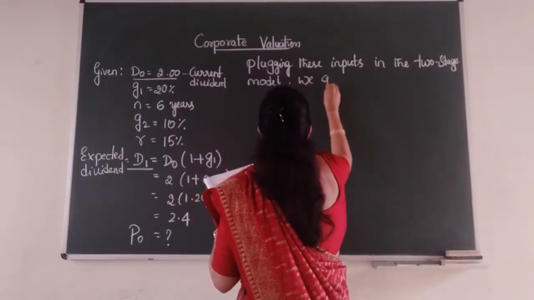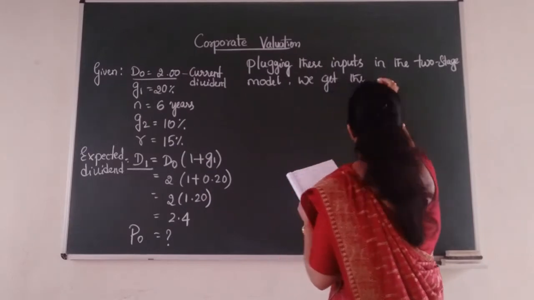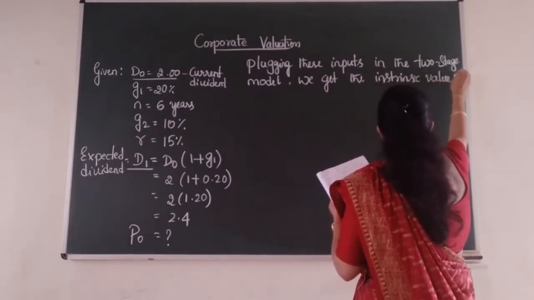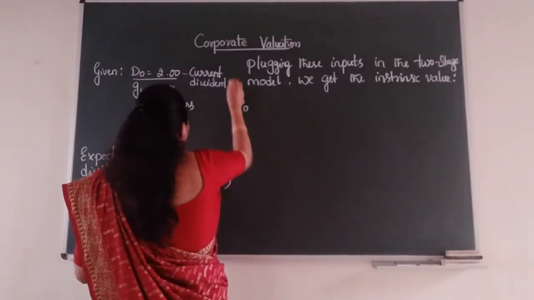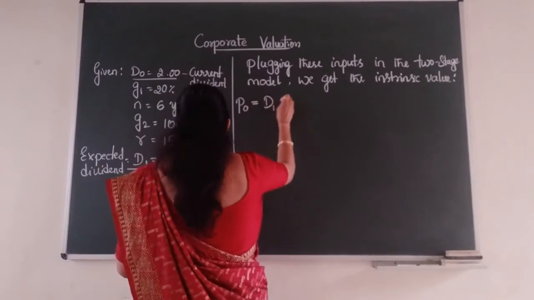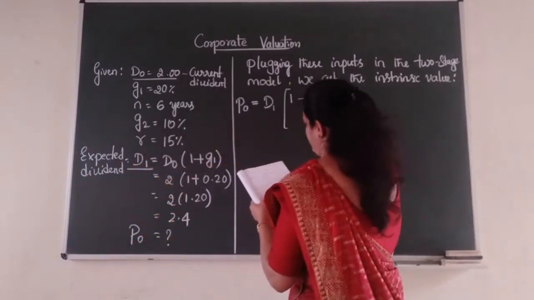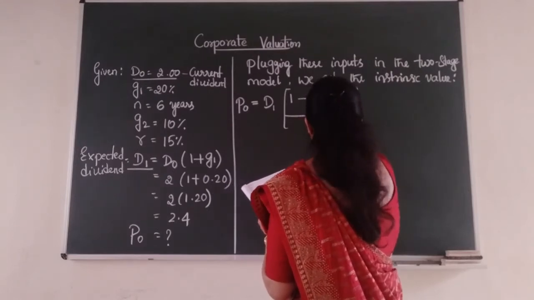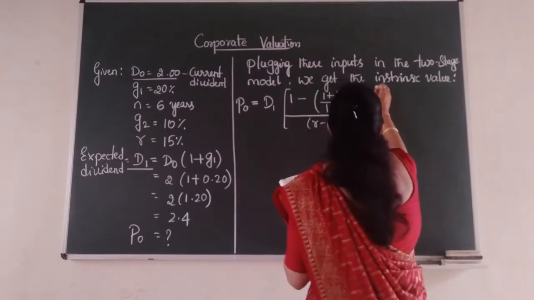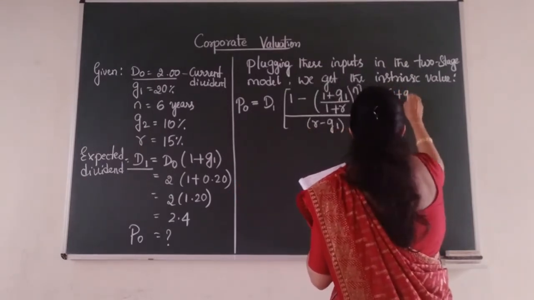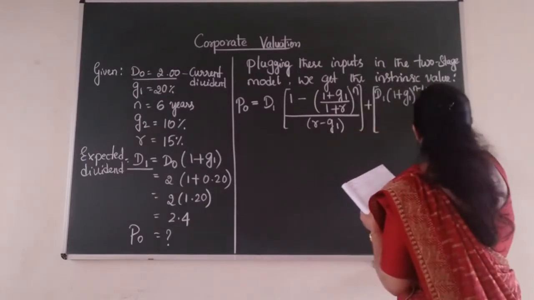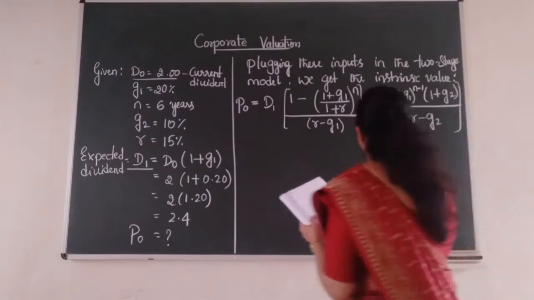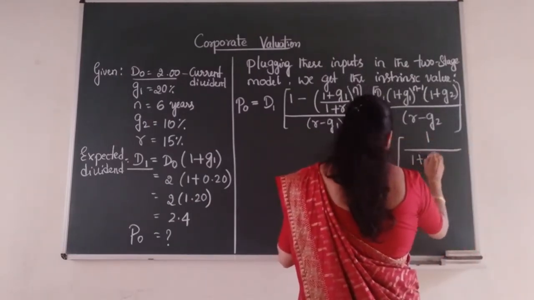The formula is P0 is equal to D1 multiplied by 1 minus (1 plus G1 by 1 plus R) to the power of n, divided by R minus G1, plus D1 into (1 plus G1) to the power of n minus 1, into 1 plus G2, divided by R minus G2, multiplied by 1 divided by (1 plus R) to the power of n.